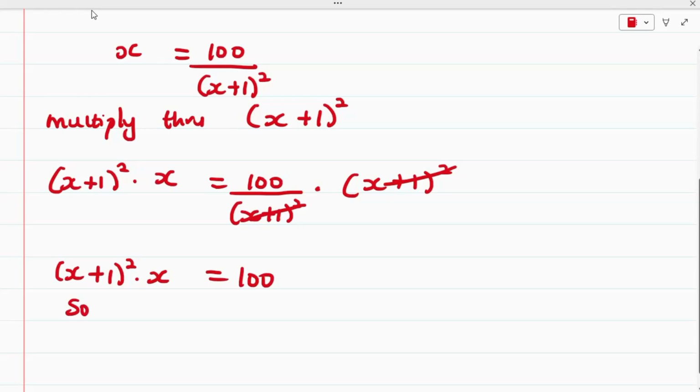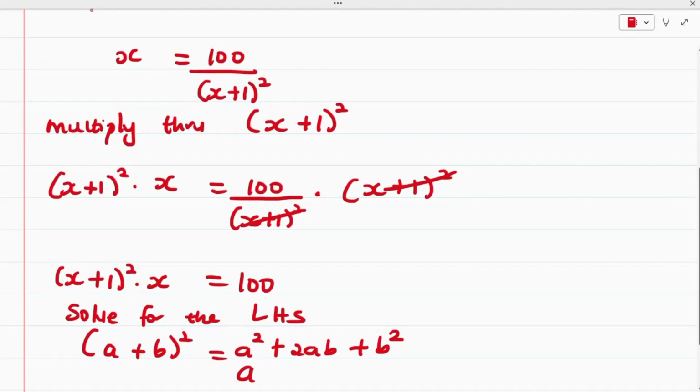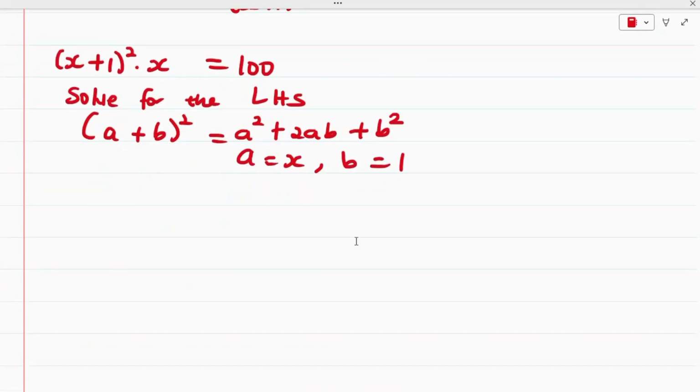So from here we have (x plus 1) all squared multiplied by x is equal to 100. So in order for us to be able to solve for the left hand side, we want to apply this formula that says (a plus b) all squared is equal to a squared plus 2ab plus b squared, where a is equal to x and b is equal to 1. So applying this to the left hand side, a squared becomes x squared, plus 2 multiplied by x multiplied by 1, plus 1 squared, multiplied by x is equal to 100.